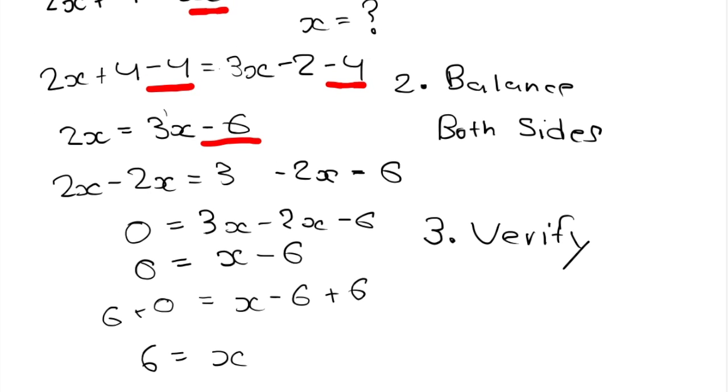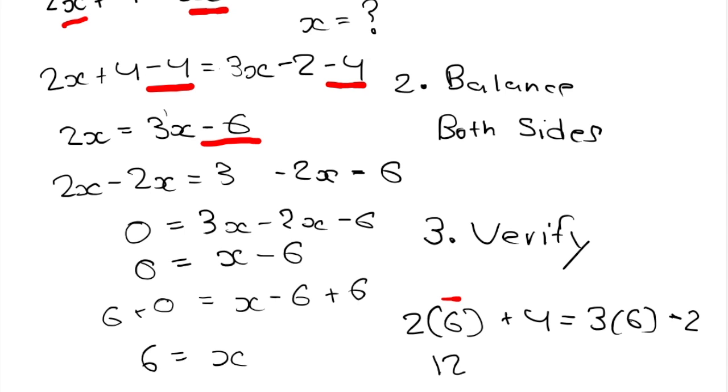So we can just write 2 times 6 plus 4, as 6 is equal to x in this scenario. So we basically just substituted x by the 6. Plus 4 is equal to 3 times x, which is 6, minus 2.